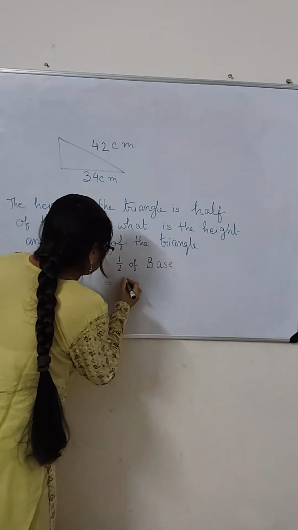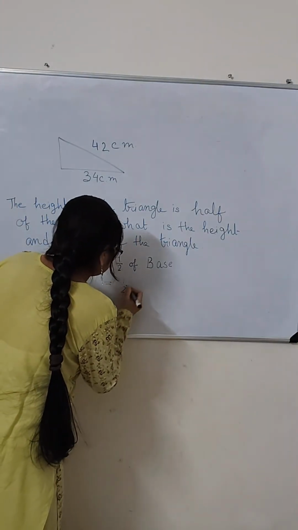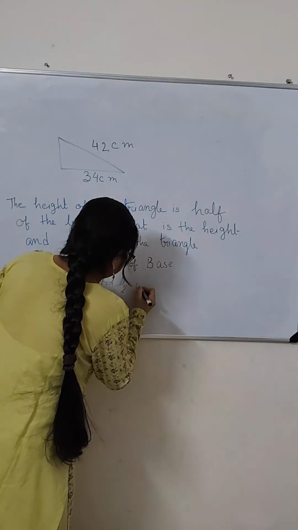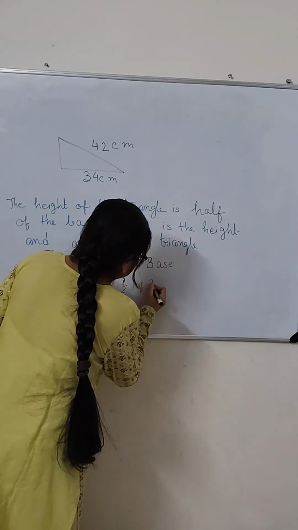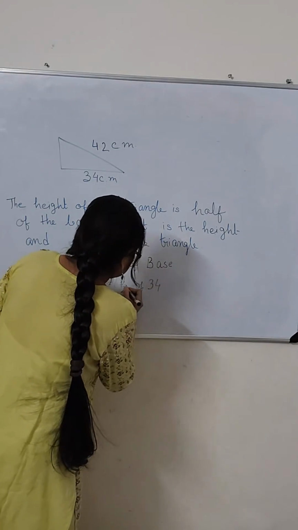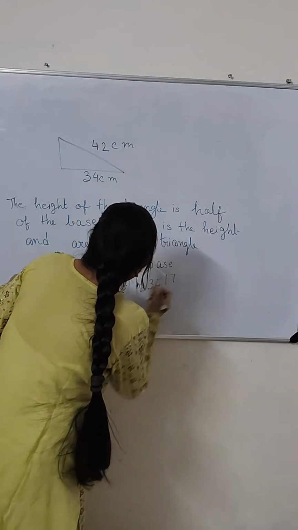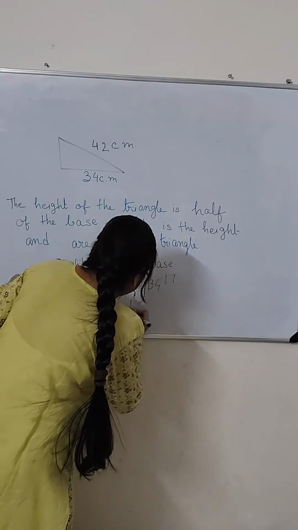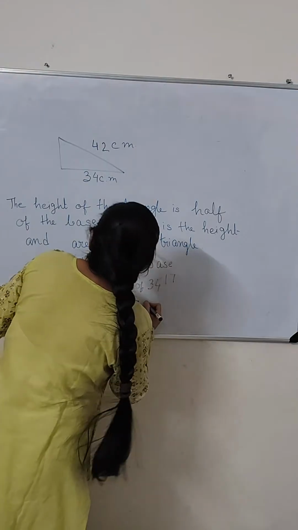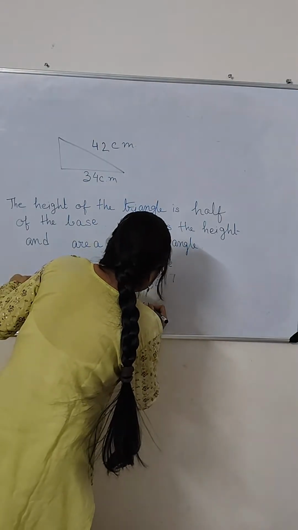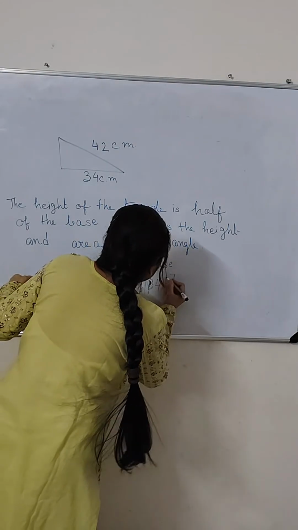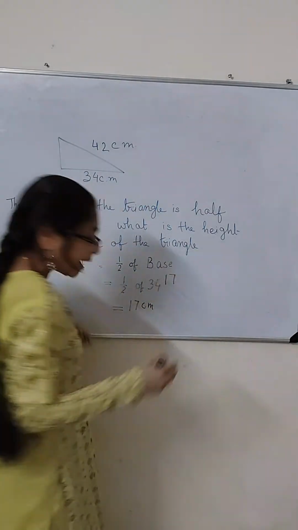So how can I write? Half of 34. It is 17. Means 17 centimeter is our answer.